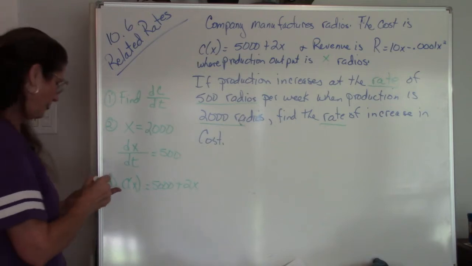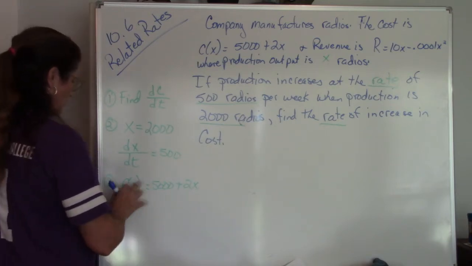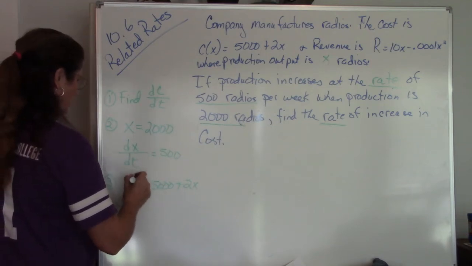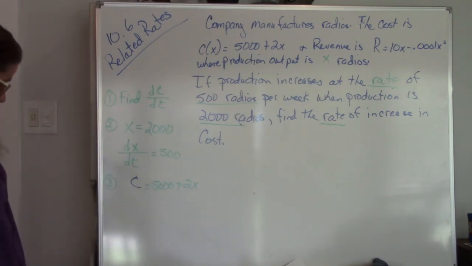So here we go. I'm going to rewrite this so that the functional notation doesn't throw you. I'm just going to write it as cost equals 5,000 plus 2x.